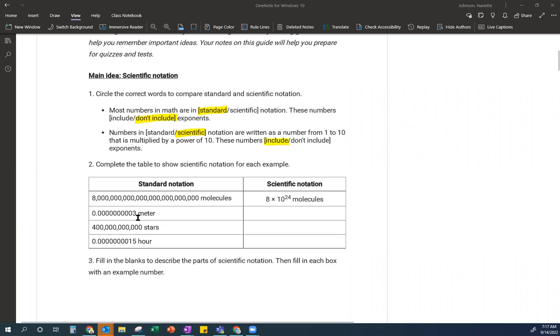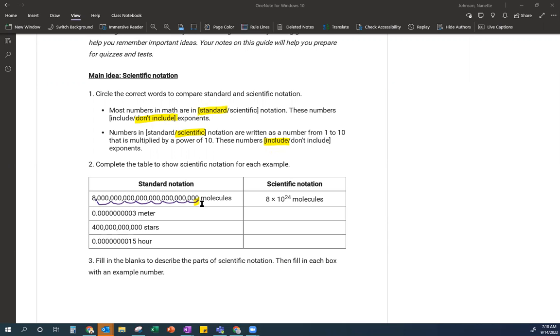And all we're doing is this 24 here represents how many places I had to move the decimal. So if you count by threes, we have 3, 6, 9, 12, 15, 18, 21, 24 before we hit that 8.